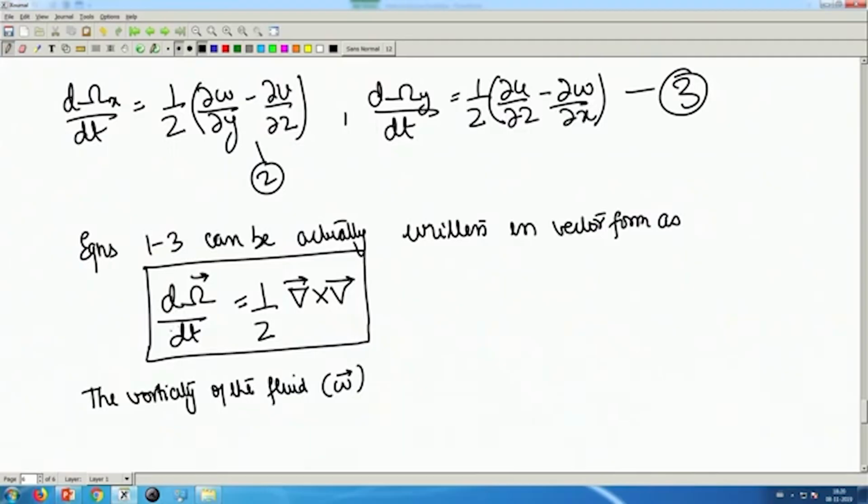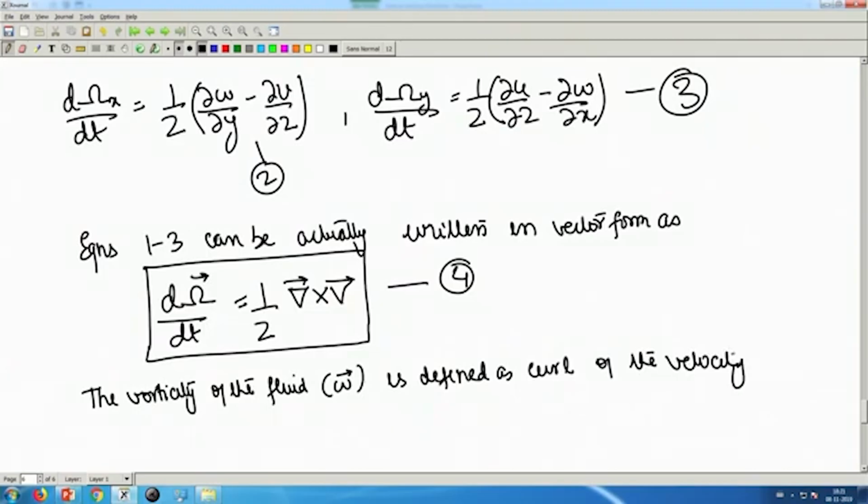This above equation, let us say I will name it as equation number 4. So, the vorticity of fluid given by omega in vector form is defined as the curl of the velocity vector. Hence, this is the vorticity definition.